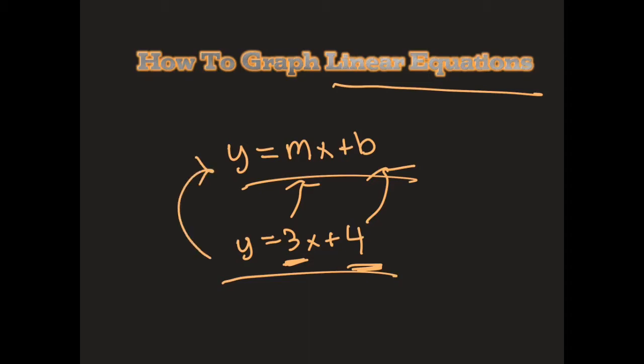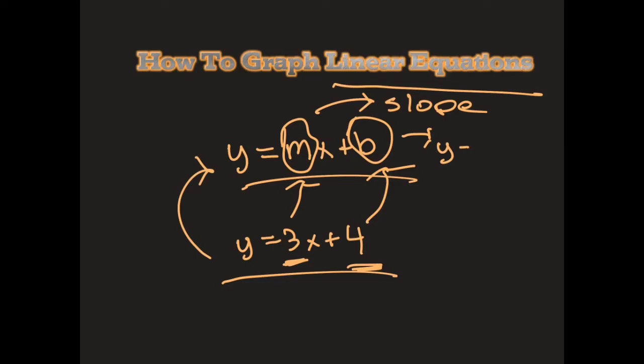So what exactly are the m letter and the b letter? The m in this format actually stands for the slope of the line that you are going to graph, and the b variable stands for the y-intercept of the line you're going to graph.